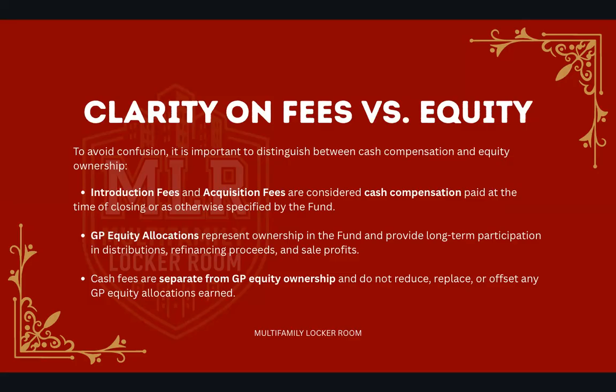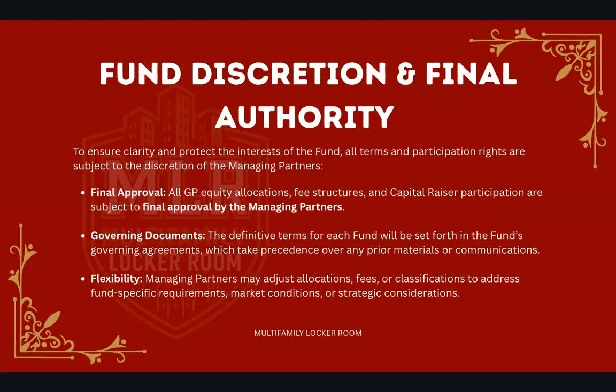Cash fees are separate from GP equity ownership and do not reduce, replace, or offset any GP equity allocation earned. All of that is built into the fund model before we even raise capital. It does not affect your equity.